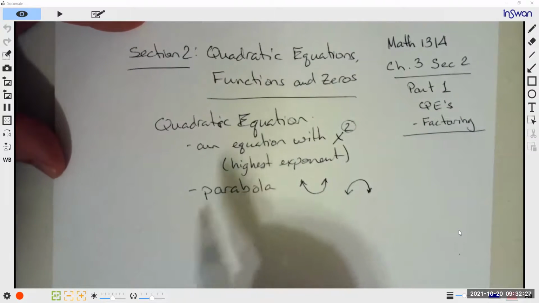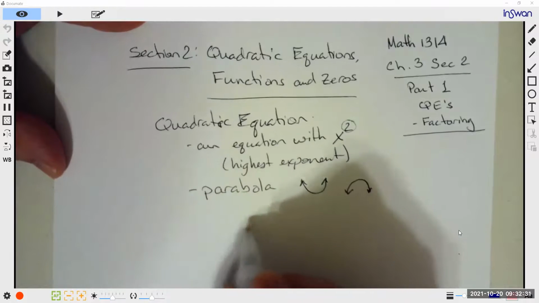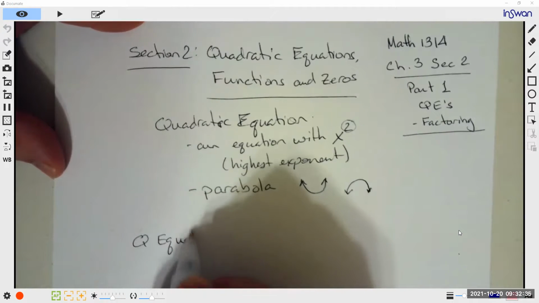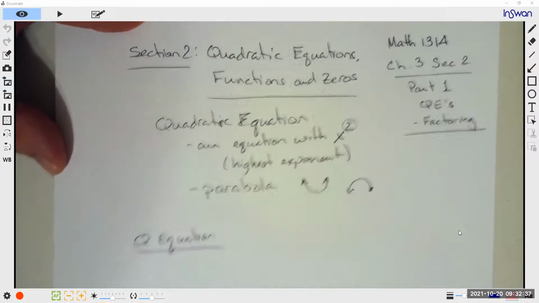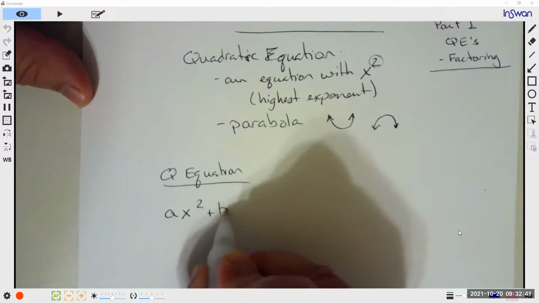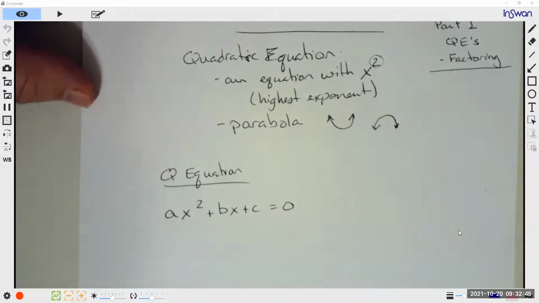The difference between a quadratic equation and a quadratic function is this. A quadratic equation has this form: ax squared plus bx plus c equals 0.